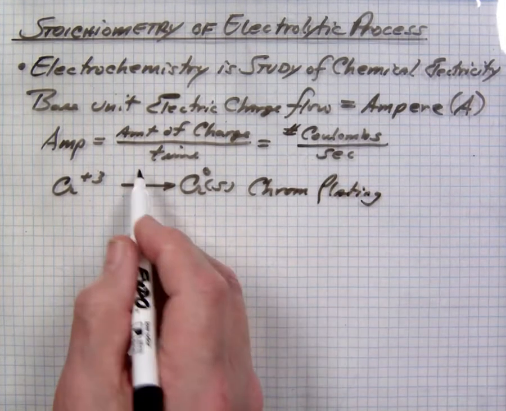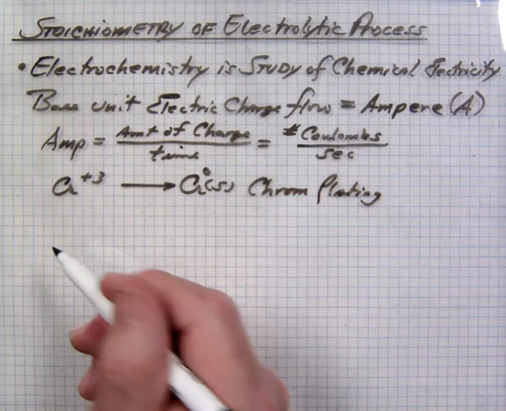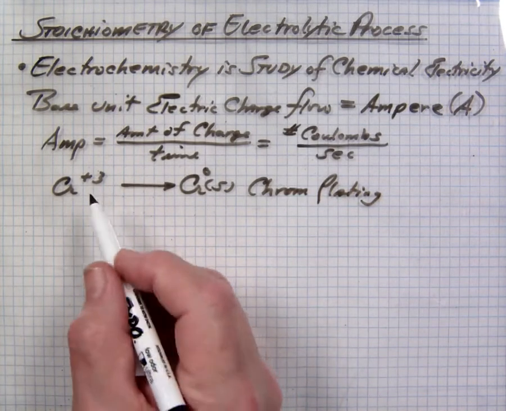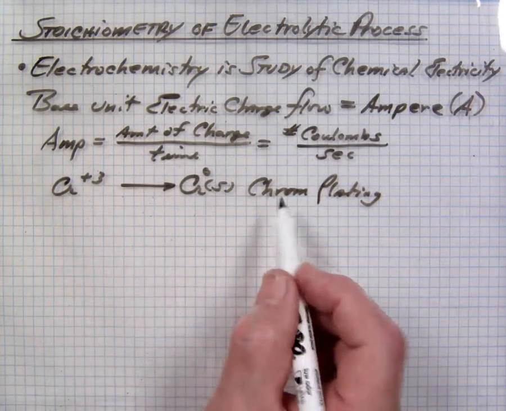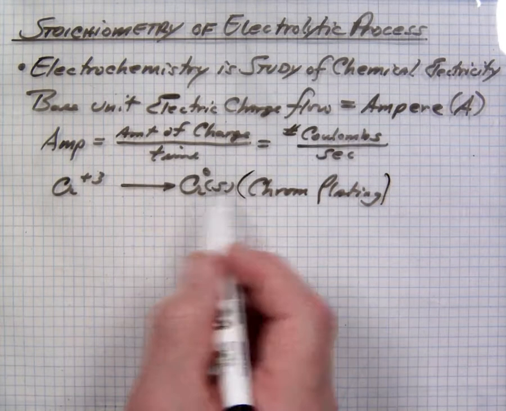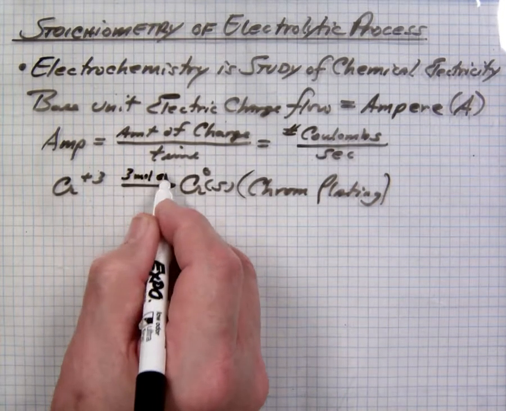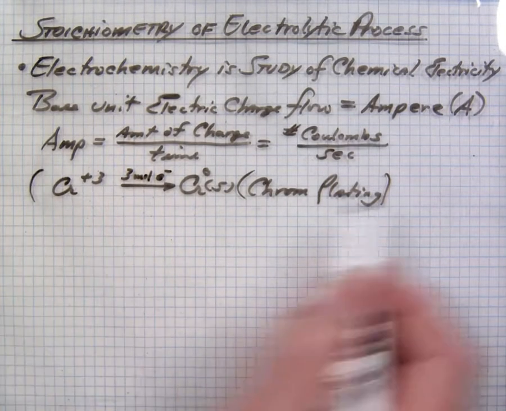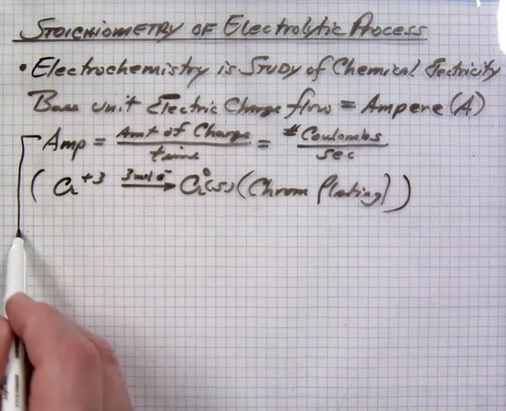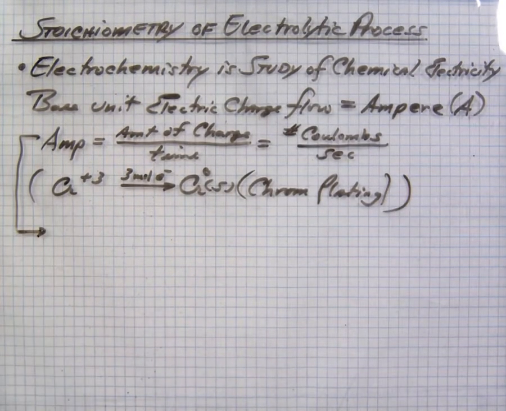So how much charge, or how many moles of electrons, do we need to deposit 1 mole of chrome? Well, there's 3 moles of electrons. So what we need to do is convert this concept of amps in coulombs per second to moles of electrons and explain it in terms of electrons.